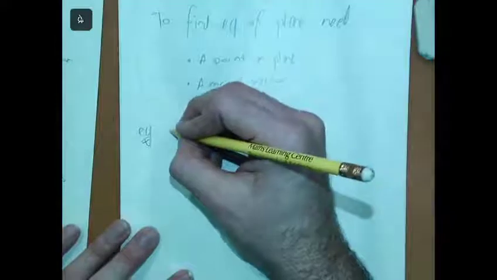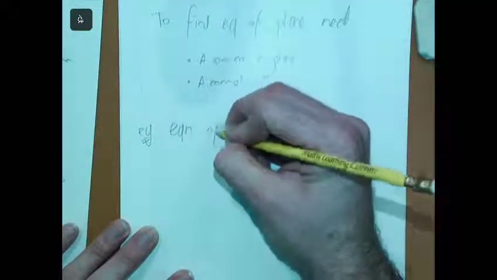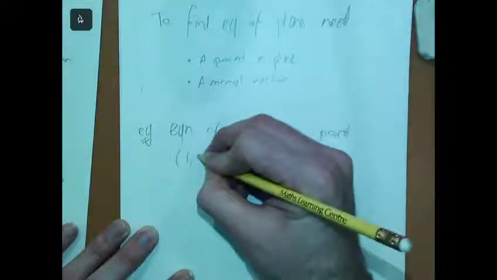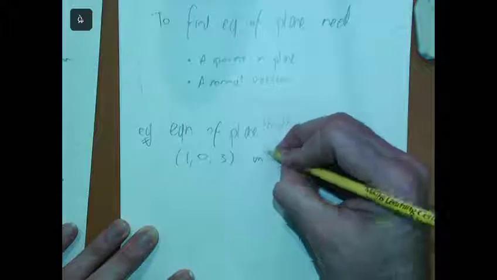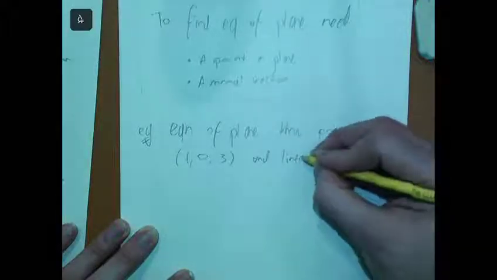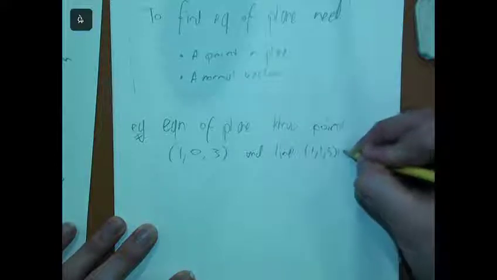So, e.g., equation of the plane through the point 1, 0, 3, and the line 2 minus 2, 0.